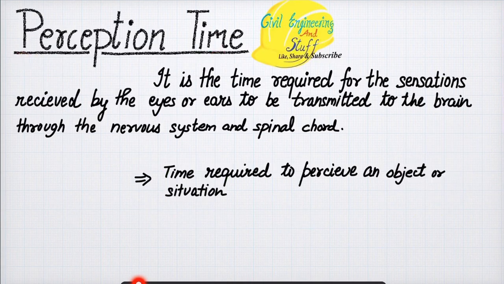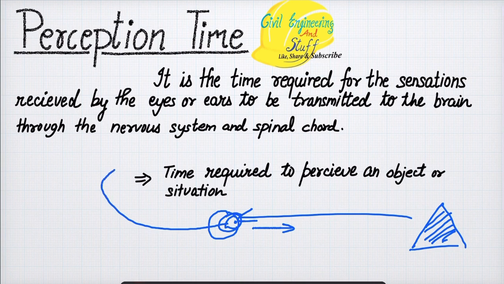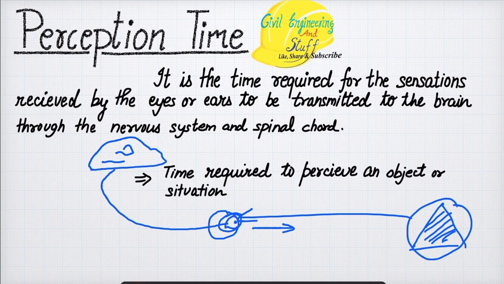So perception time is the time required for the sensation received by the eyes or ears to be transmitted to the brain through the nerve system and spinal cord. So basically what happens is, as a driver, when you are moving on the road and you see an obstruction, your eyes receive the sensation, they transfer the signal to the brain, and the brain reacts to that situation, right?